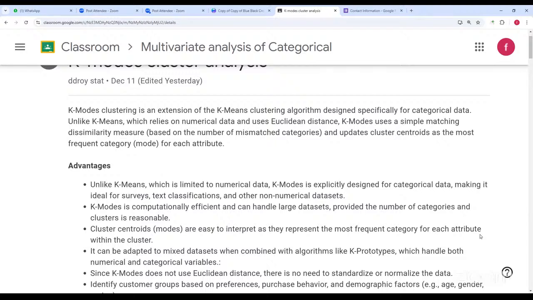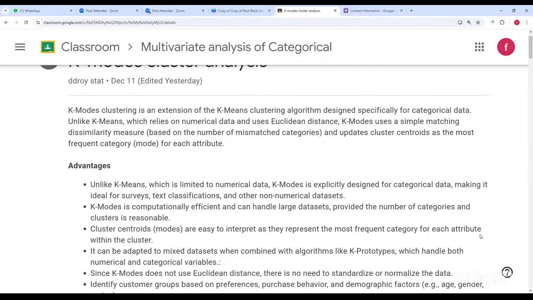Advantages. Unlike K-means, which is limited to numerical data, K-modes is explicitly designed for categorical data, making it ideal for surveys, text classifications, and other non-numerical data sets. K-modes is computationally efficient and can handle large data sets, provided the number of categories and clusters is reasonable.